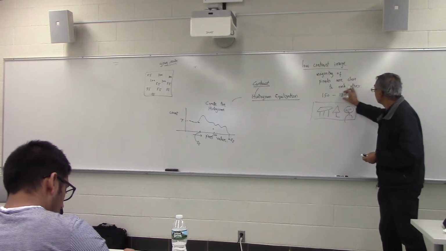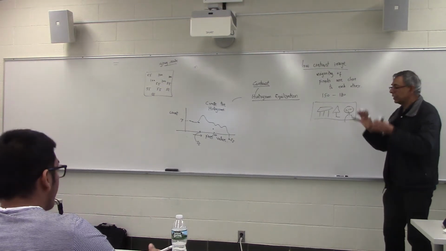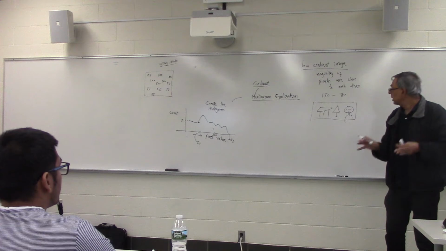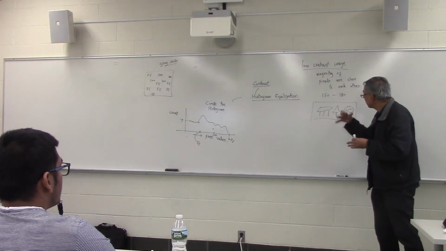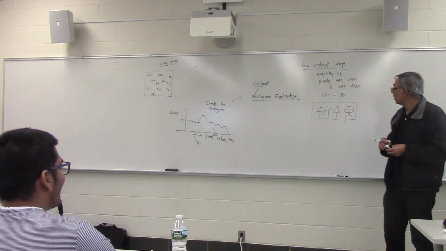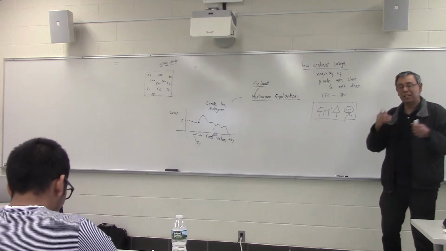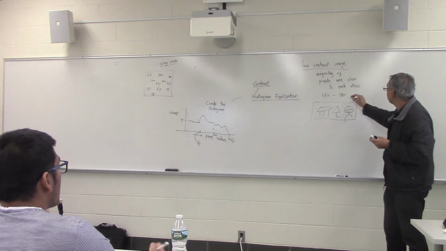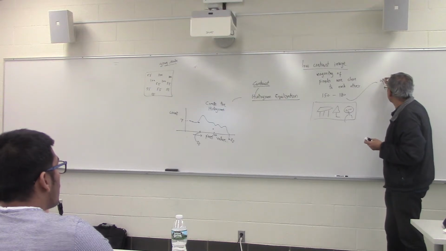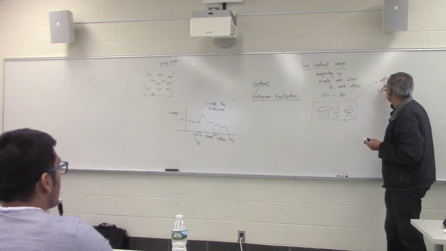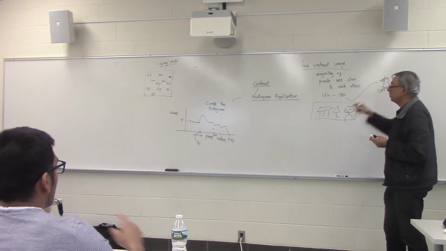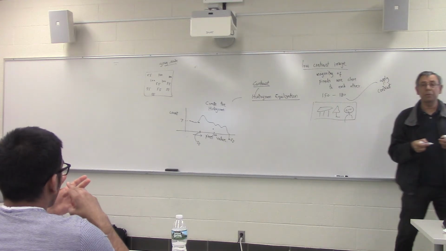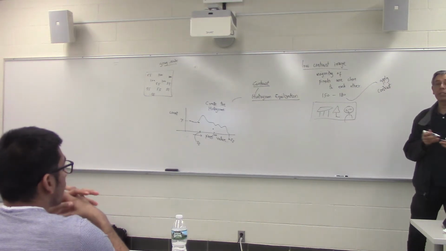So if the majority of the pixels are in this range, I'll show you the example on the computer in a second, but it will not look very clear, right? Now let me ask you this: if we apply the contrast technique that I showed you on my laptop, will it help this picture look better?